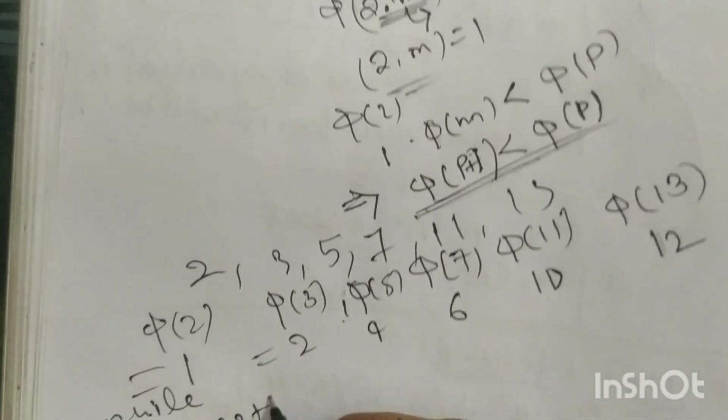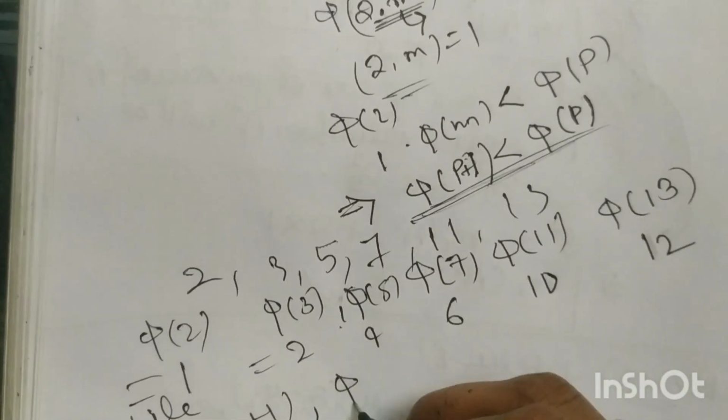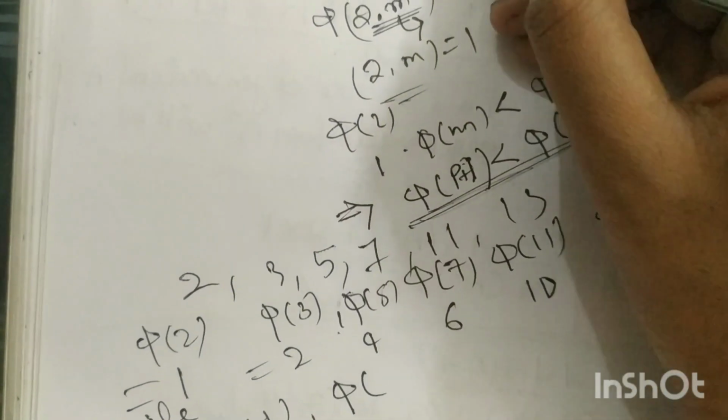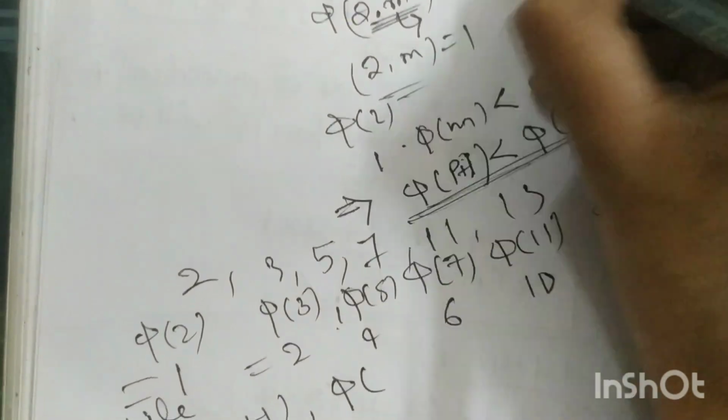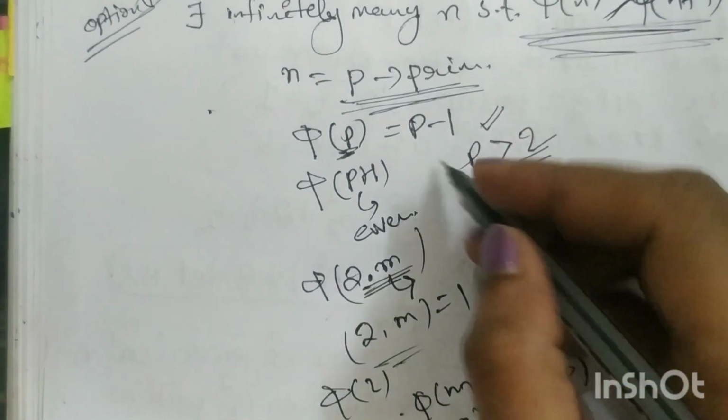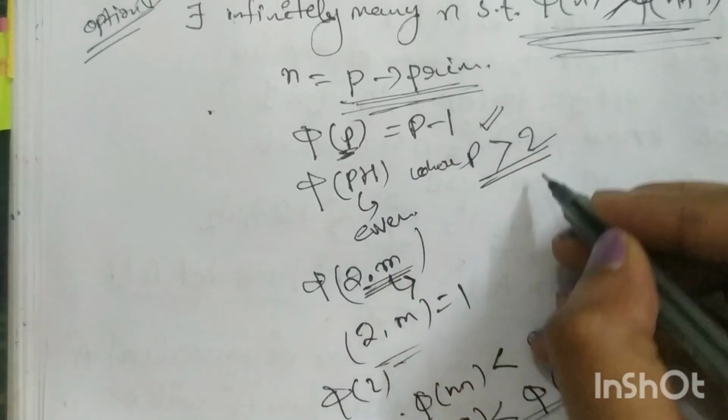phi of 2 plus 1 equal to what, phi of... okay sorry. Here, take p greater than 2, then this thing will be true, where your p is greater than 2.